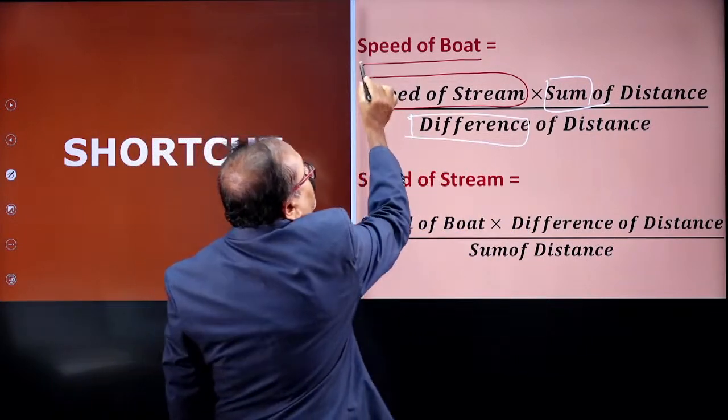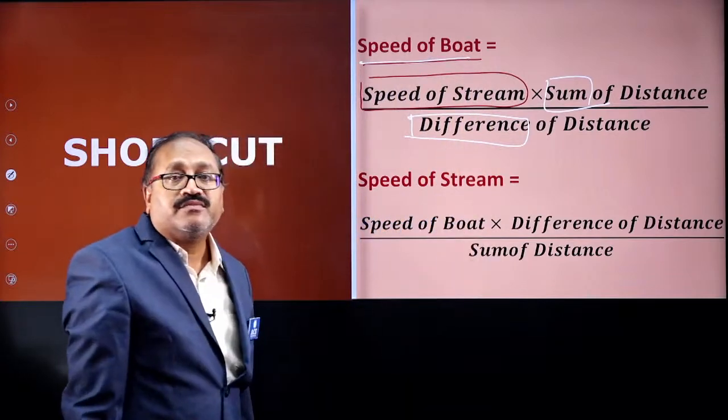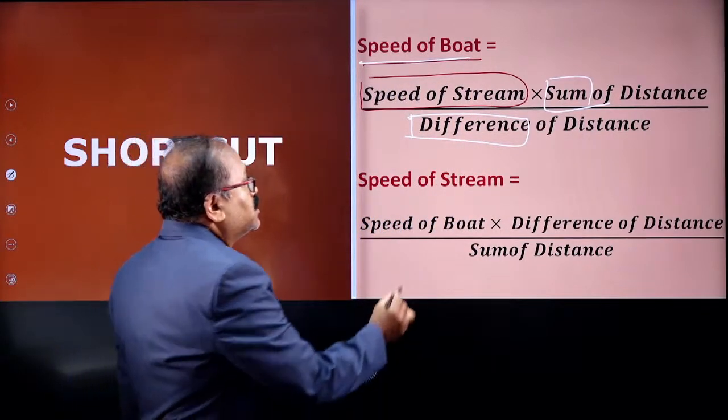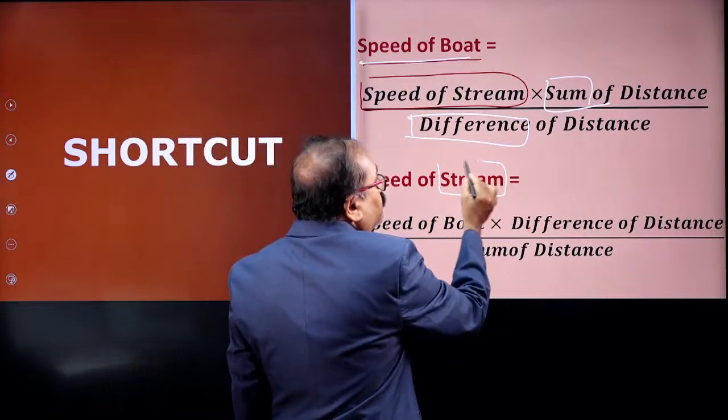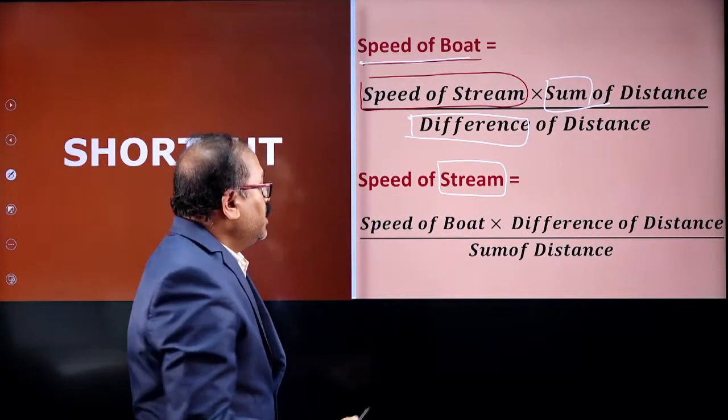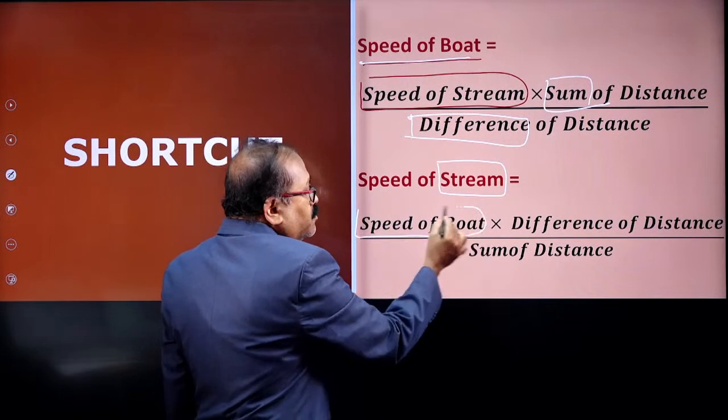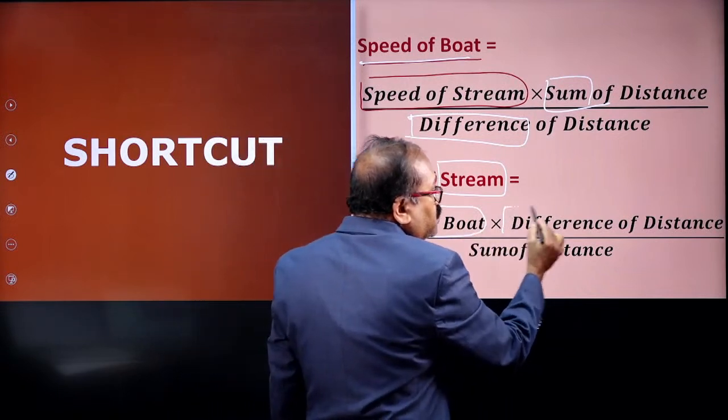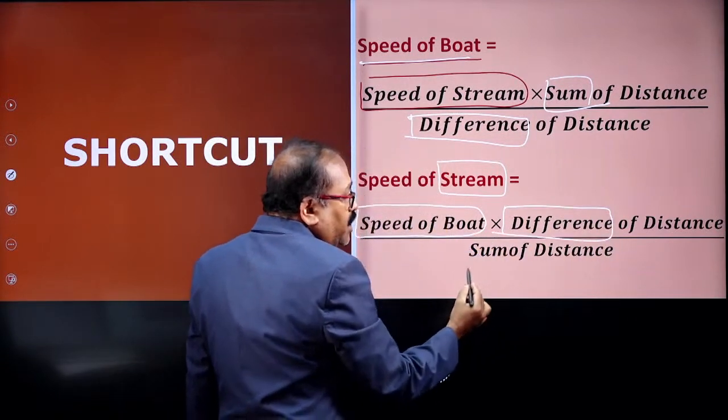What if you have to find out the speed of the stream? If the speed of the boat is given, then it is the speed of the boat into difference of the distance by sum of the distance.